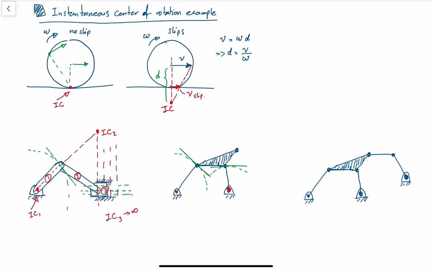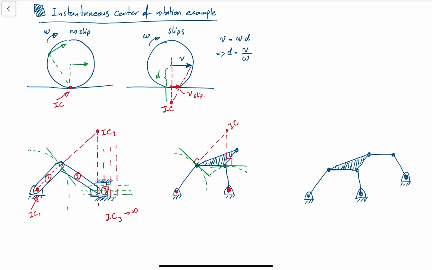So the instantaneous center must be perpendicular to these. Oops, this one isn't perpendicular. This is perpendicular. And where they intersect is the instantaneous center of your coupler link, the patterned one. At this instant, that triangle is rotating about that particular point. And in a cascading way, often you can find instantaneous centers of other parts of a linkage.